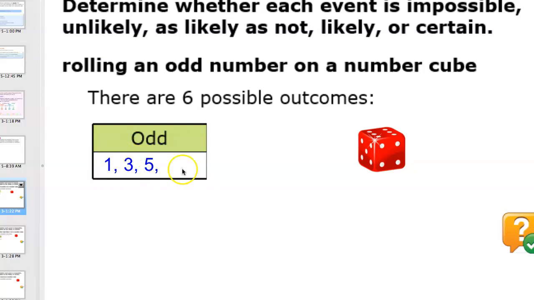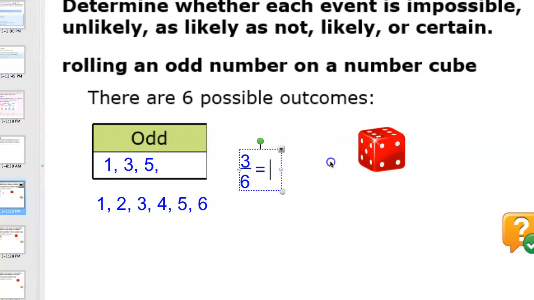Okay, so these are my odd numbers. All of the possible outcomes of a die are 1, 2, 3, 4, 5, 6. So I would do 3 divided by the total number of outcomes, which is 6. So 3/6 is my fraction, which I would simplify to 1/2.